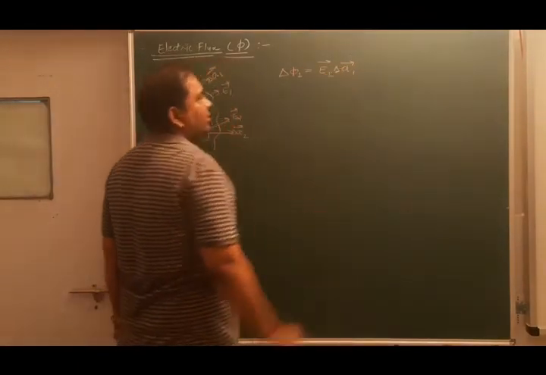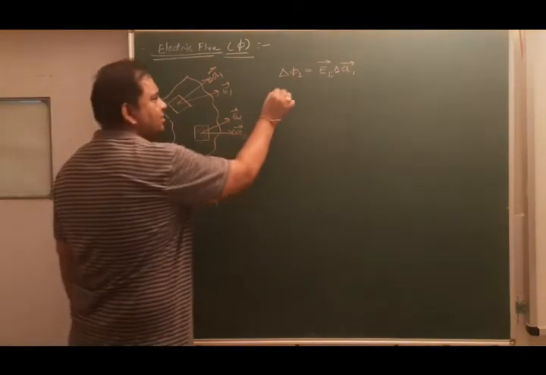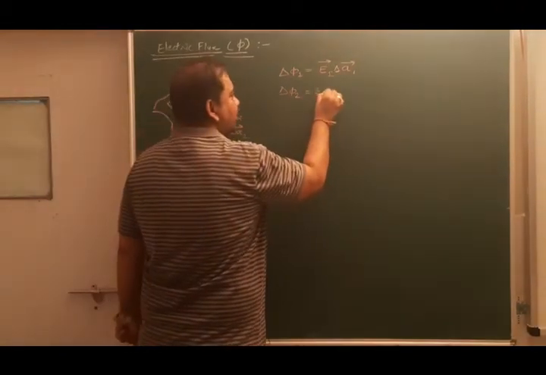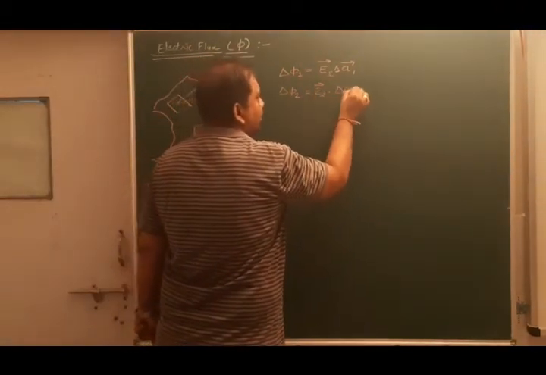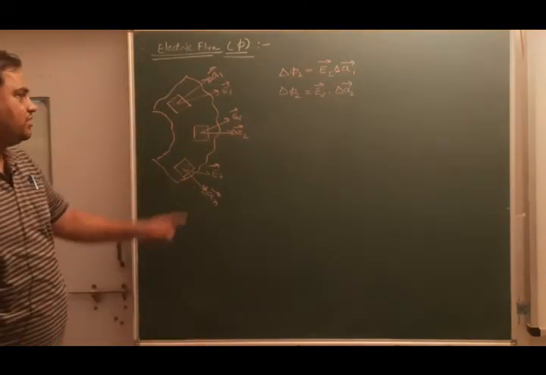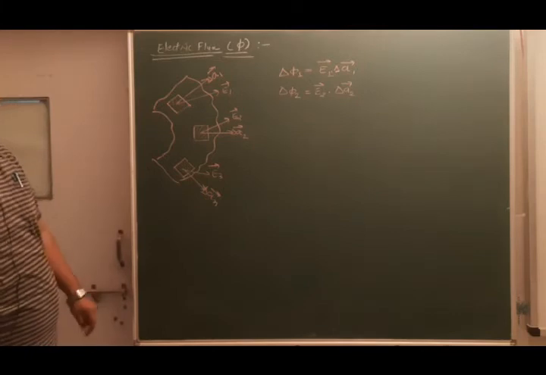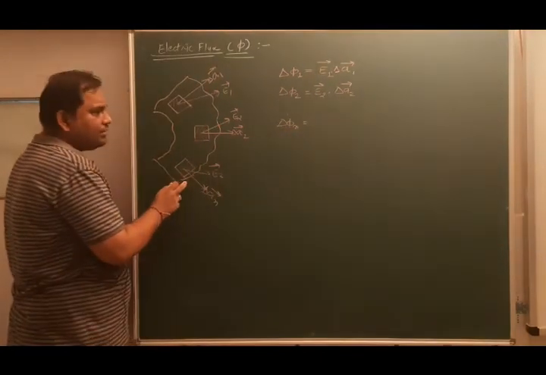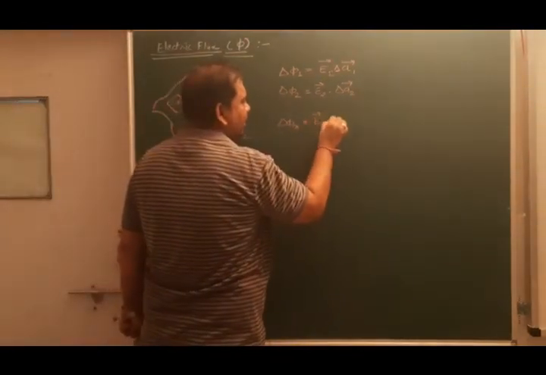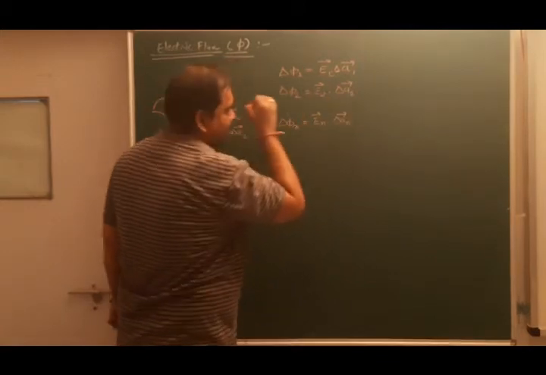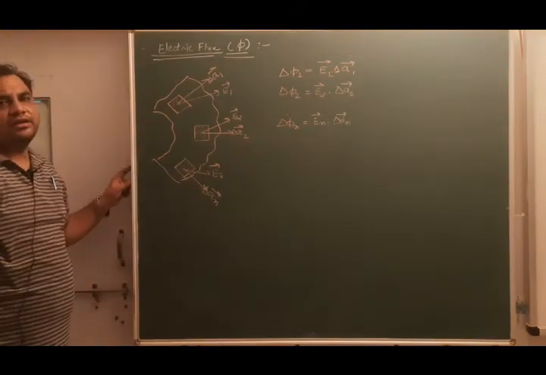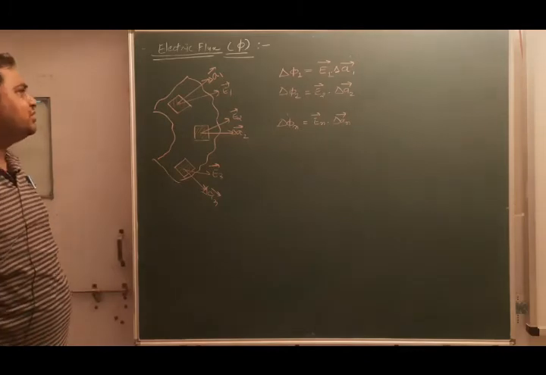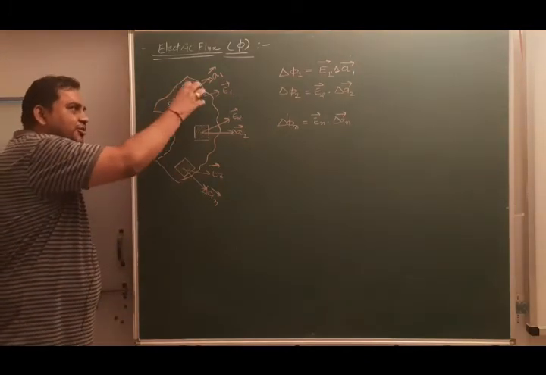The flux that is associated with this smaller part, delta phi 2, can be written as E2 dot delta A2. Similarly, flux that is linked with this n part will be En dot delta An. So these are the flux that is linked with each small part. I have given over here only 3 segments, but you may consider this entire surface is distributed in such small parts.